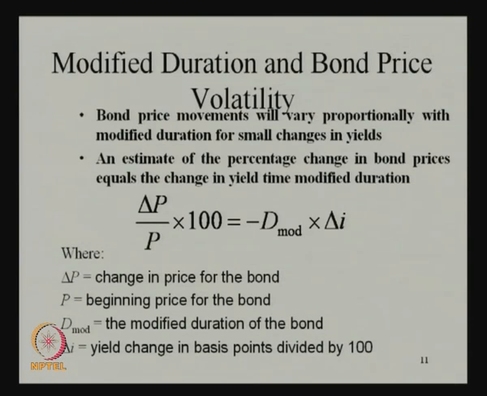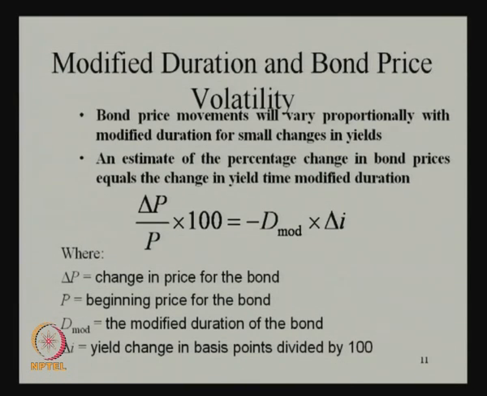It is measured as delta P by P into 100 equals modified duration multiplied by delta I. Delta P is the change in price of the bond, P is the beginning price of the bond, D is the modified duration, and delta I represents the yield change in basis points divided by 100.